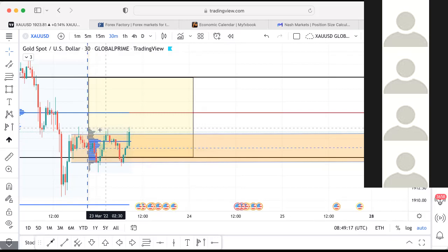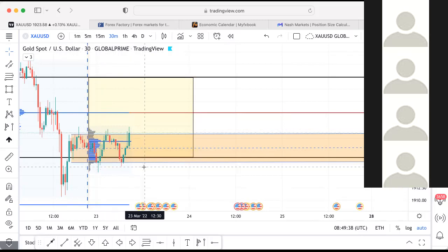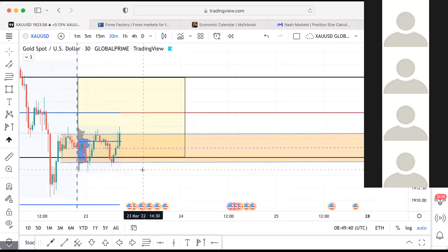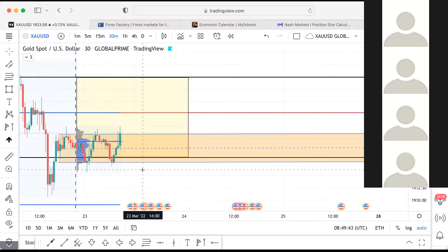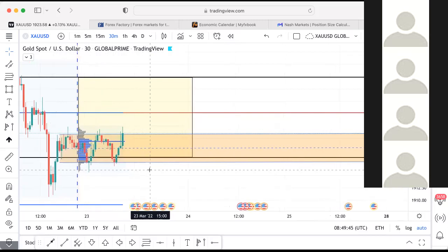So there's money sitting up above that area of consolidation, and there's money sitting below it. And what may well have been happening here, if I've got it in the right place, is that price has gone up to take out stop losses, and gone up to take out stop losses, and gone down to take out stop losses. This depends how accurately I've got it placed, but let's leave it where it is for the time being.